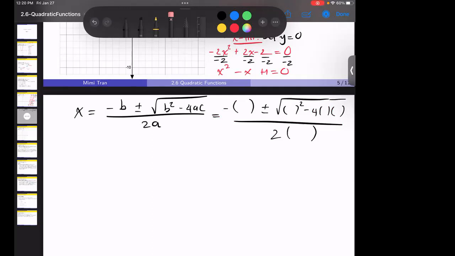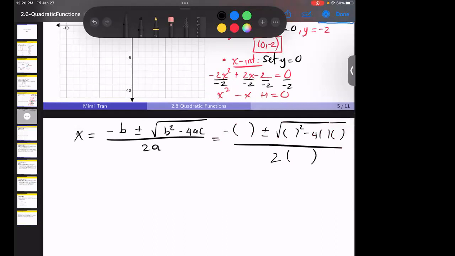Positive 2 divided by negative 2 and negative 1. B is negative 1, right? That's all right. If you use the original A and B, you'll be fine too. Your answer should be the same. I'm sorry, I didn't mean to confuse you.